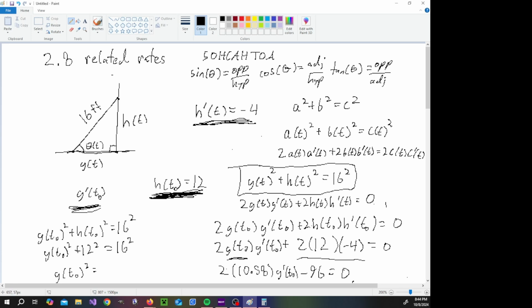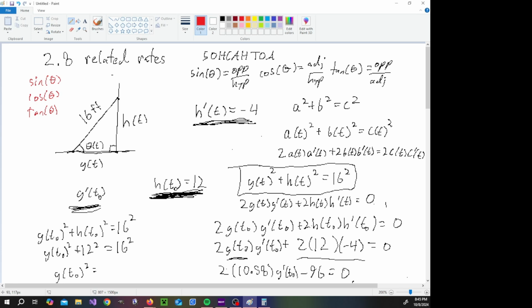So all these ratios are sitting inside of our triangle. Which one of these ratios is useful for us in this question? I know that I can look at sine of theta, cosine of theta, and tangent of theta, but probably one of these is going to be more relevant to what we want than the others.